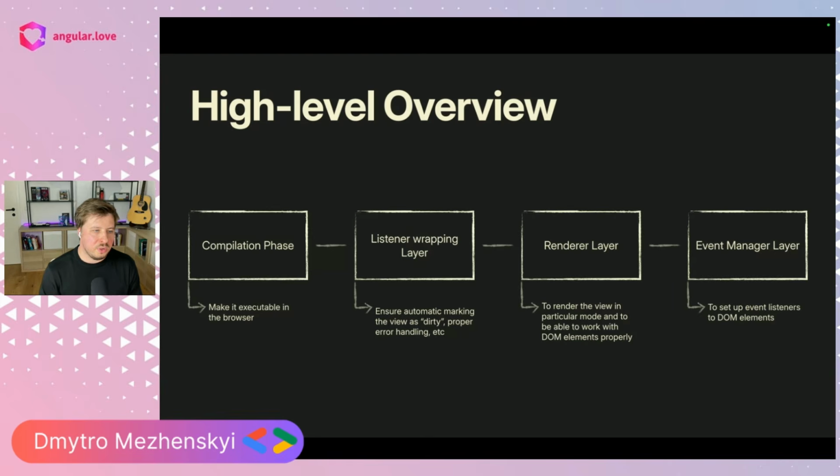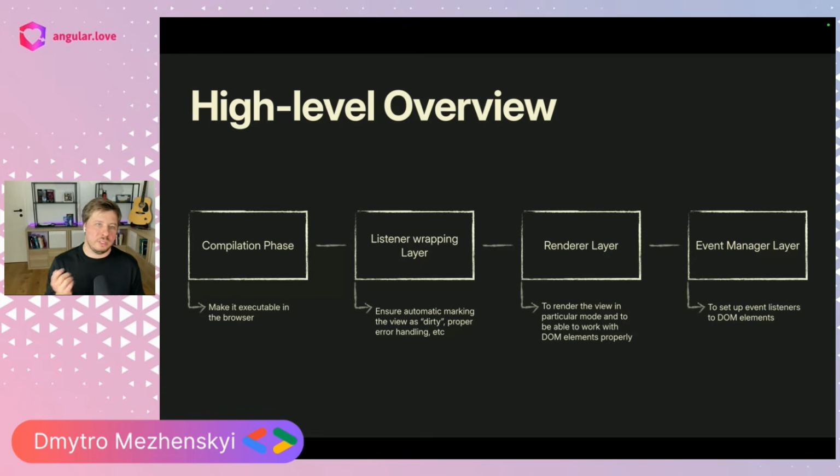The renderer layer is necessary because Angular components can be created in different encapsulation modes. For example, encapsulation none, shadow DOM, emulated encapsulation, view encapsulation modes. And for every one of these modes, a specific renderer is responsible.